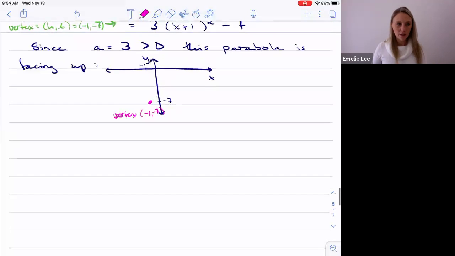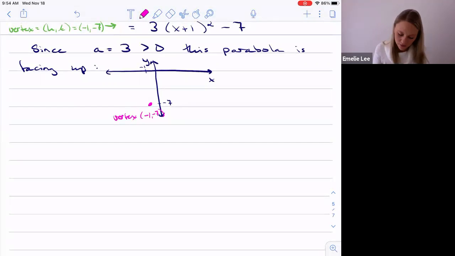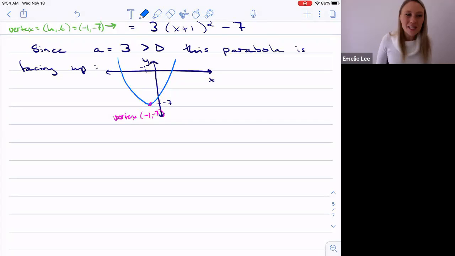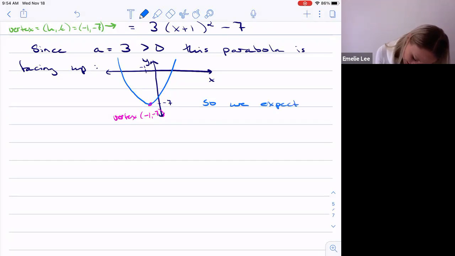Okay. But knowing that it's pointing up, right? Then I suspect I have something that looks like this, right? So we expect to find x-intercepts for this one.